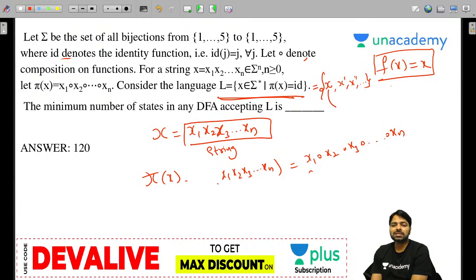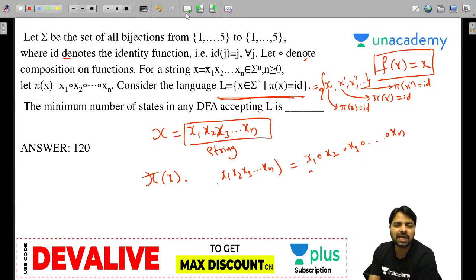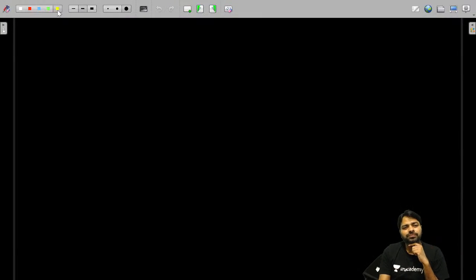But what happens? If you do phi of x, you should get ID. If you do phi of x dash, you should get ID. If you do phi of x double dash, you should get ID. Then how to understand this? I have a small technique for that.